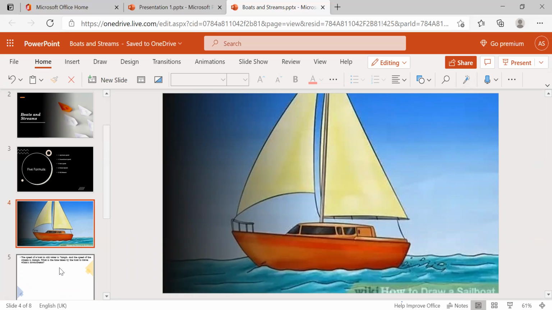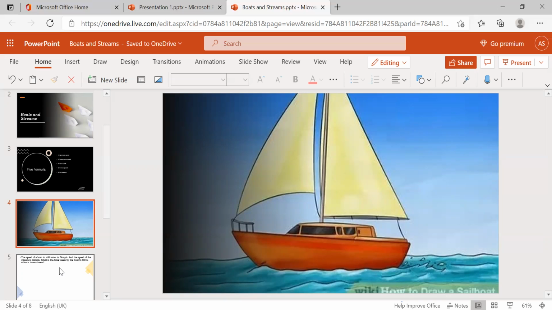So the boat speed will have some external force that may be against it or towards it.